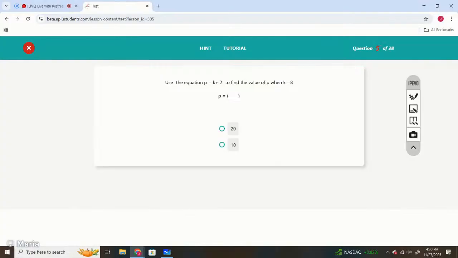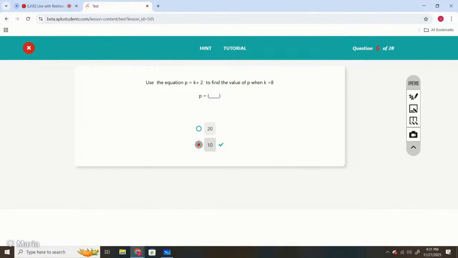Use the equation p equals k plus 2. 8 plus 2 is 10.